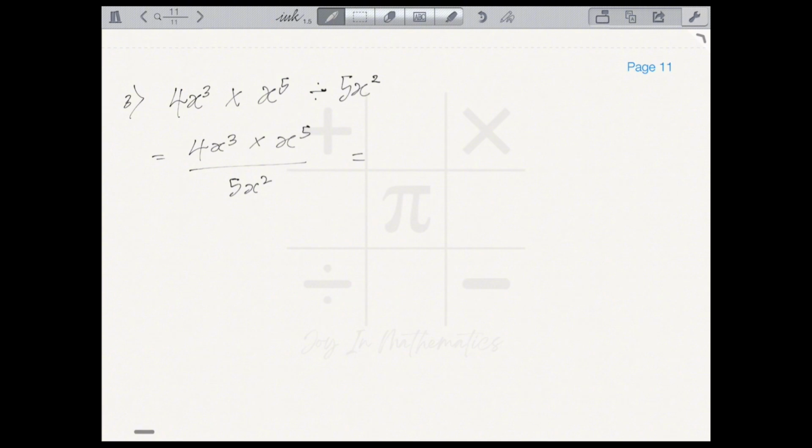So to apply the addition law here, they have the same base x, or we rewrite it as 4 times x raised to the power 3 multiplied by x raised to the power 5 divided by 5 x raised to the power 2. Now we can apply the addition law here, so this will give us 4 multiplied by x raised to the power 3 plus 5 divided by 5 x squared.